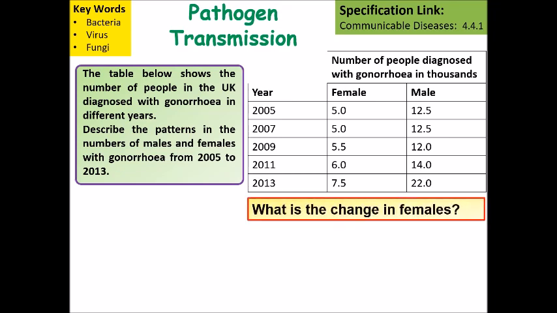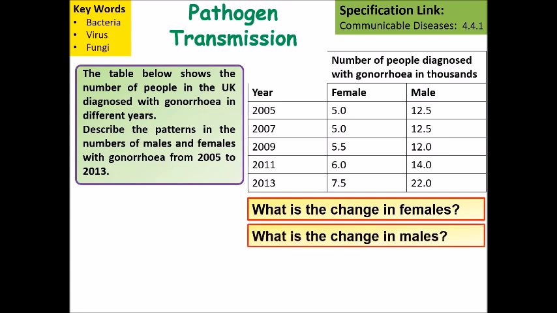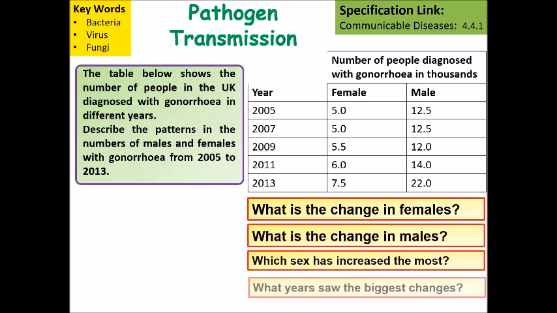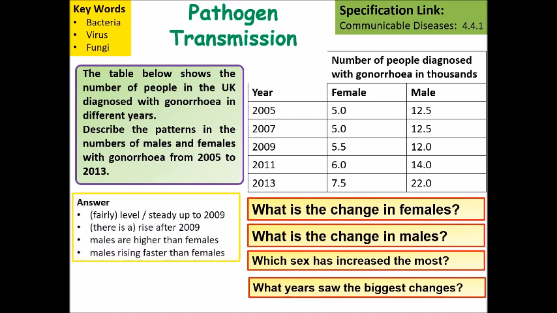Here are a few things that you might want to think about. Some of your answers might talk about the fact that the level is steady up to 2009. It begins rising after 2009. Males are higher than females, and males are rising faster than females.